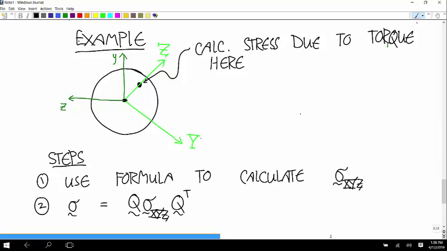I was just trying to think: we're talking about a positive x rotation to get from this to this. And you have to go 30 degrees to make those line up, another 90 degrees to make those line up. So positive 120 about x. And so make that your Q matrix, do the transformation, and then finally you can add that stress tensor to the stress tensors you got from bending moment and all that stuff.